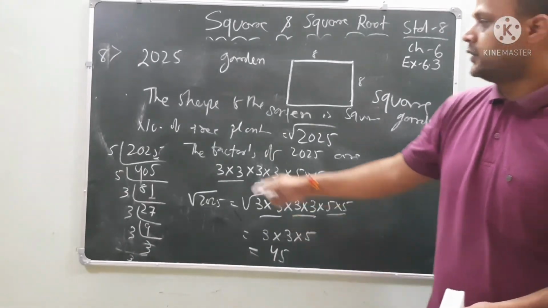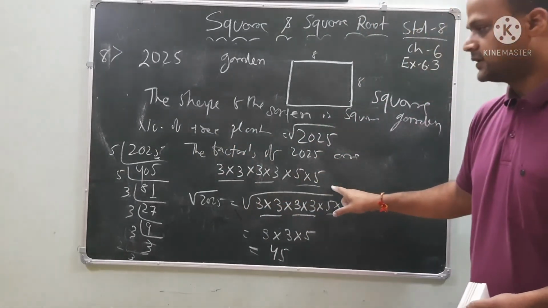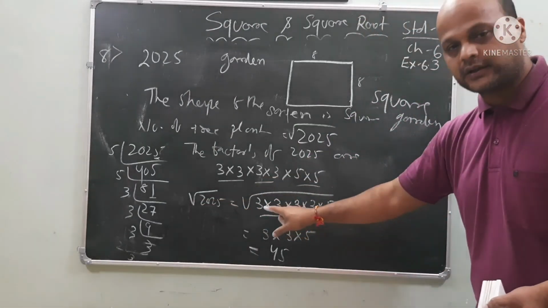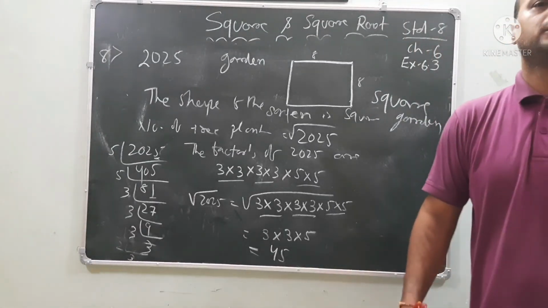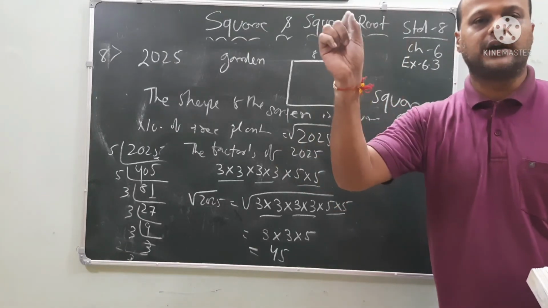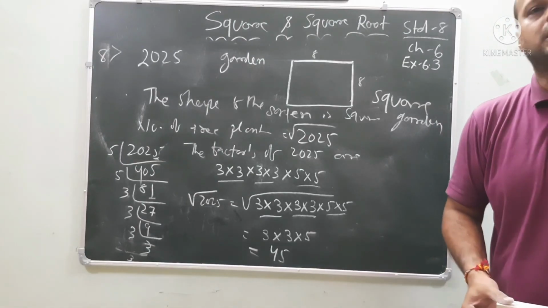Therefore the factors of 2025 are this much. Again, the square root of this much is 45. Therefore, 45 trees are planted in the garden in rows as well as in columns.